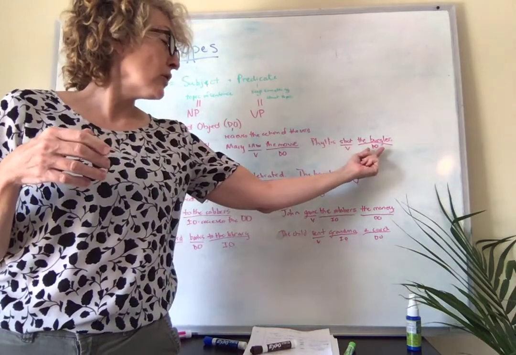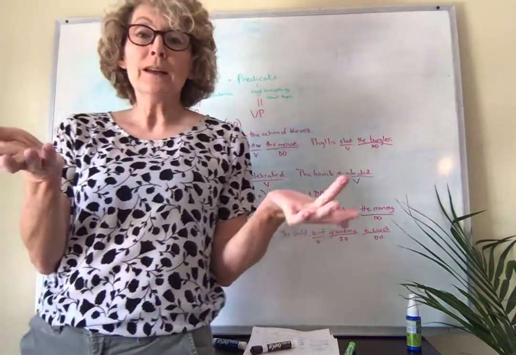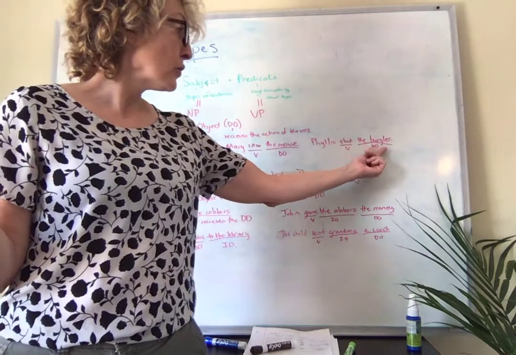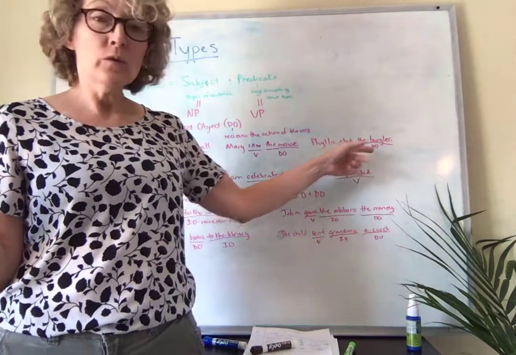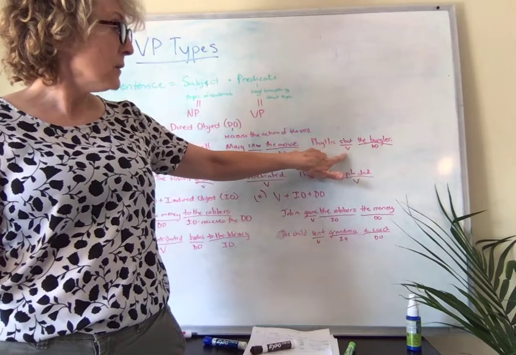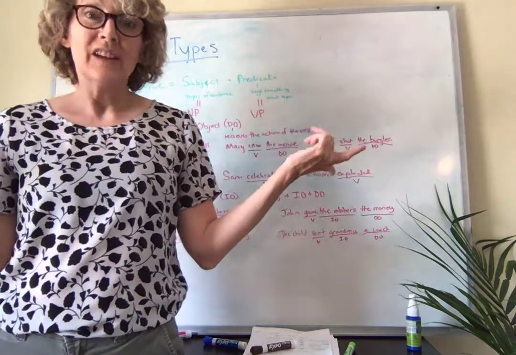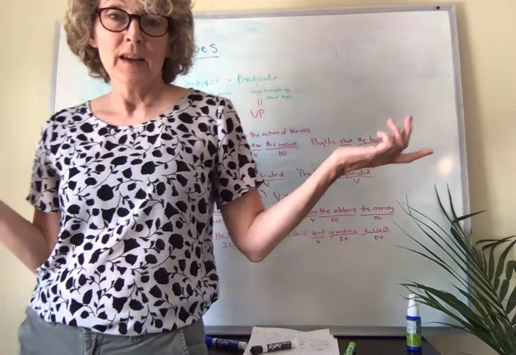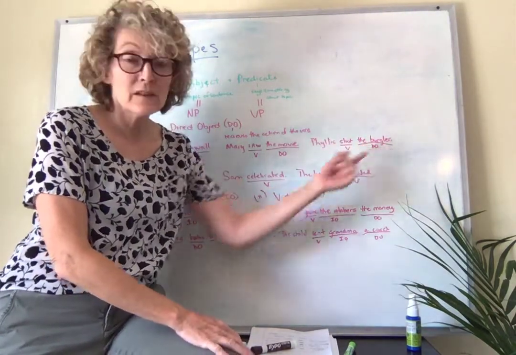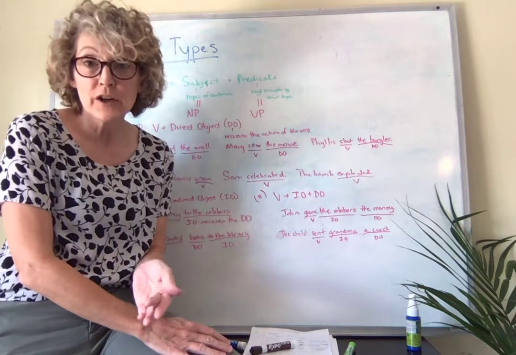The burglar, what is the burglar doing in this sentence? What is the function of the burglar? The burglar is the guy who gets shot, right? So the burglar is the recipient of the action of shooting. And so for that reason, we say that the burglar is the direct object.